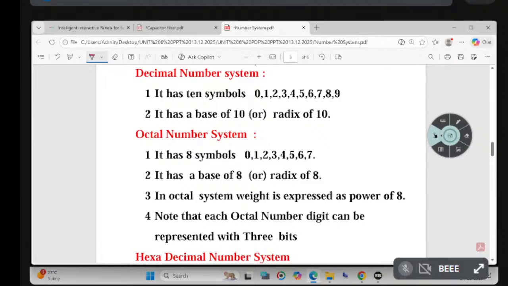After this theory part, we go for octal number system. Don't write hexa. We have to do problems. How to convert 8 to decimal.